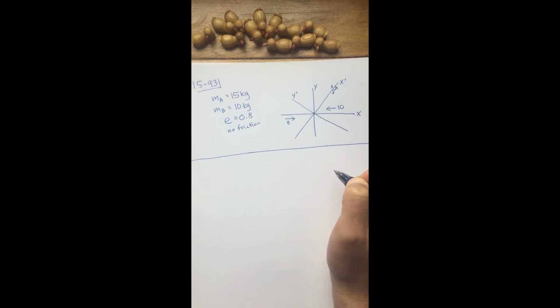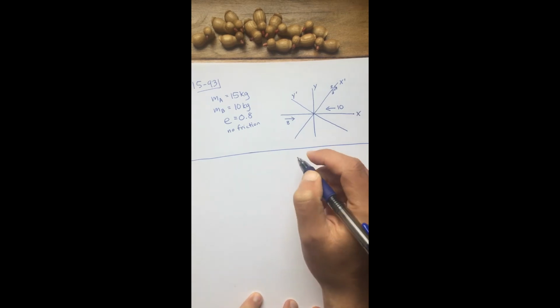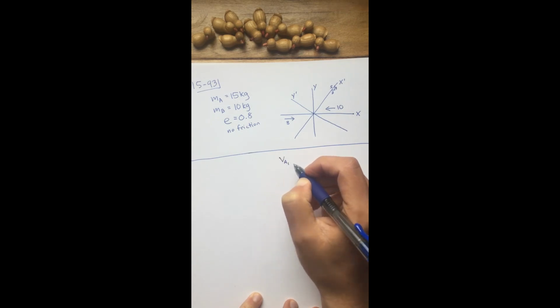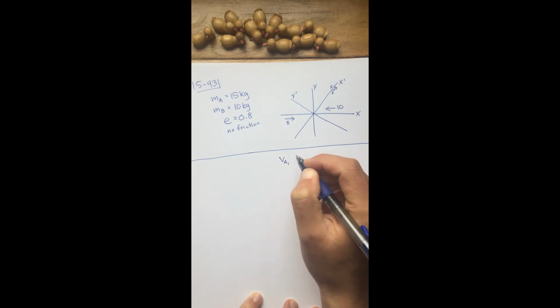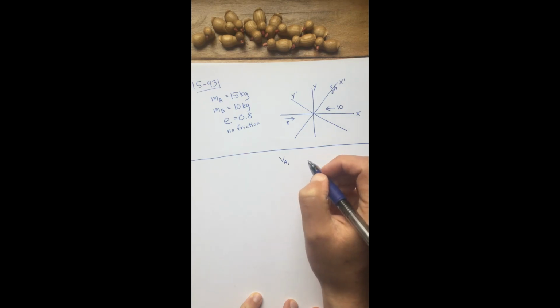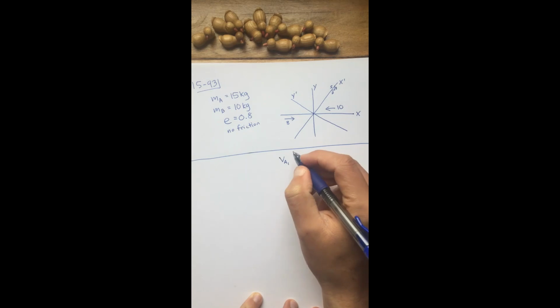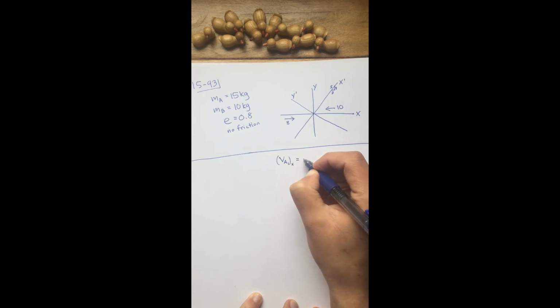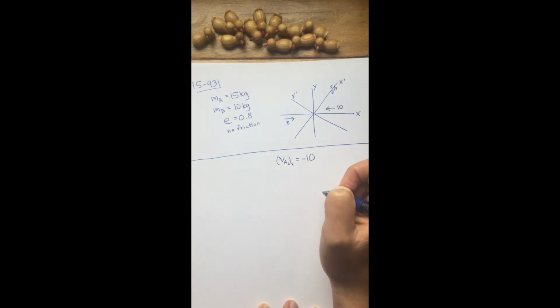Okay, so first I'm going to focus on breaking down my velocity vectors into components. So VA1 is equal to 10 in the negative x direction. So let's call this VA1x, and that's equal to negative 10.